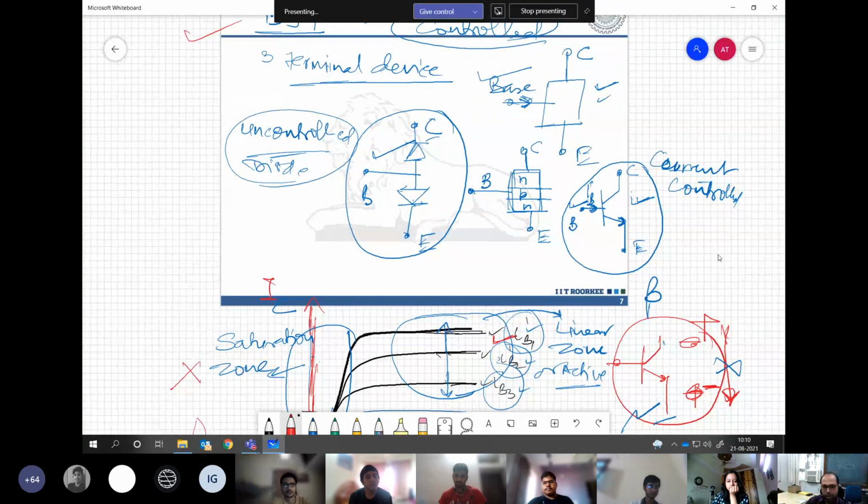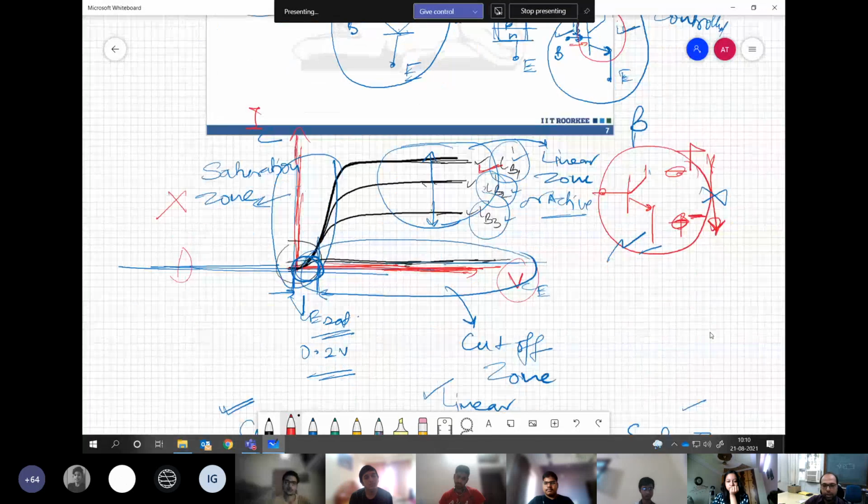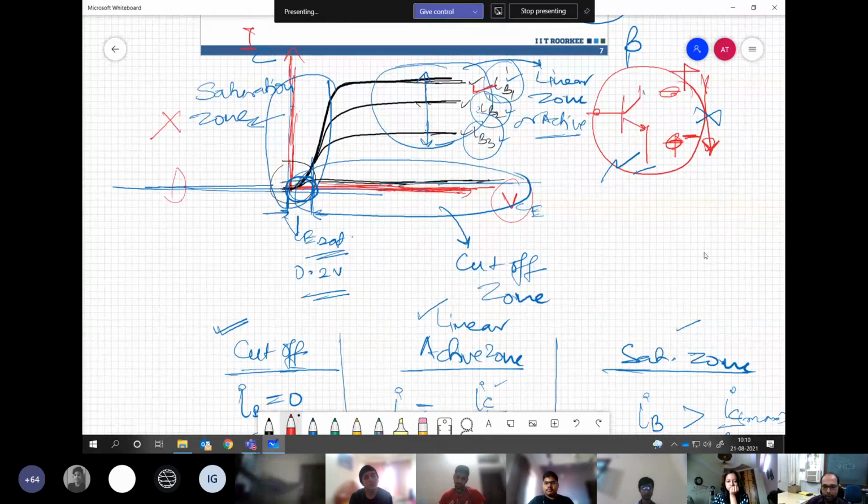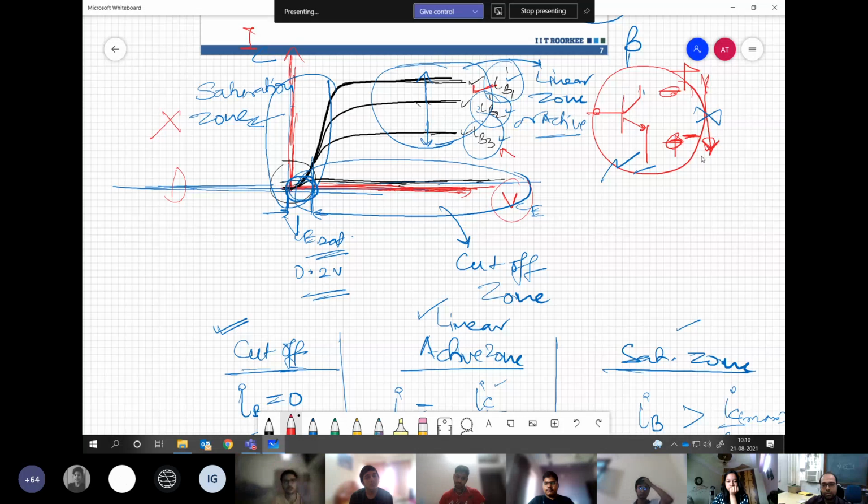Which means when we are injecting any current in the base, that is deciding how the device is going to behave. Basically 3 zones we have identified in the characteristic of BJT where it may operate depending on what the current in the base is. If we are not giving any current, then by default the device is in cutoff mode.